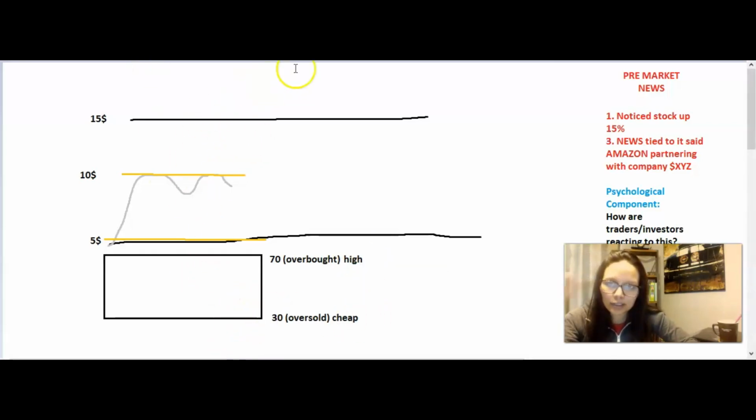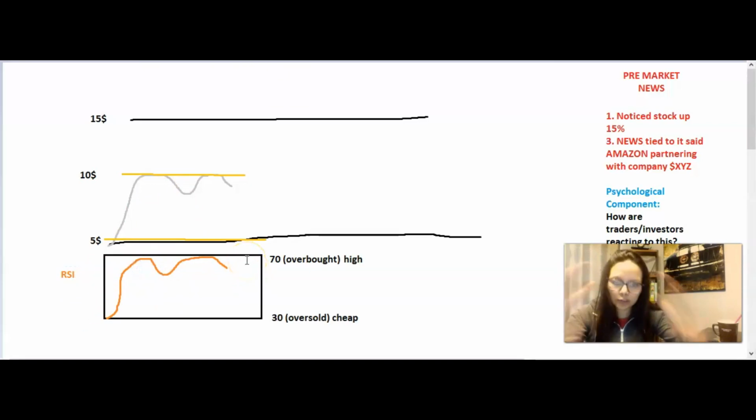This is our RSI. And let's pretend our RSI was moving something like this. Like I said, it's never perfect, but we're going to try to help you out here. That's where we're at, and this is our RSI indicator.